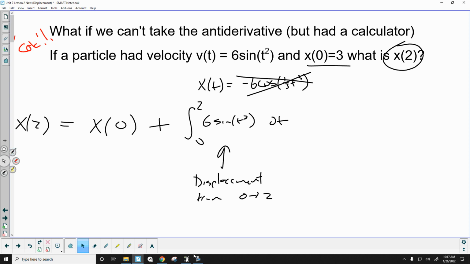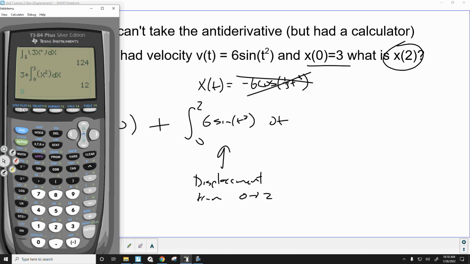It's a weird graph, but what does this show you? This is important. 6 sine t squared from 0 to 2 is probably the best, right? Does it look like this?